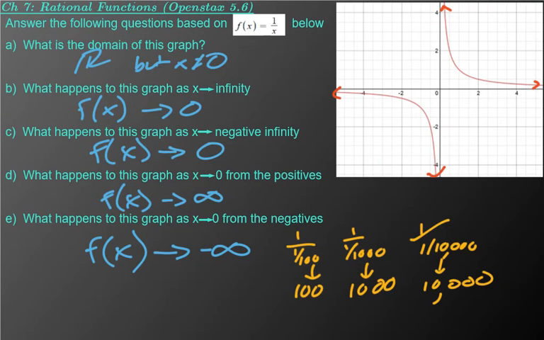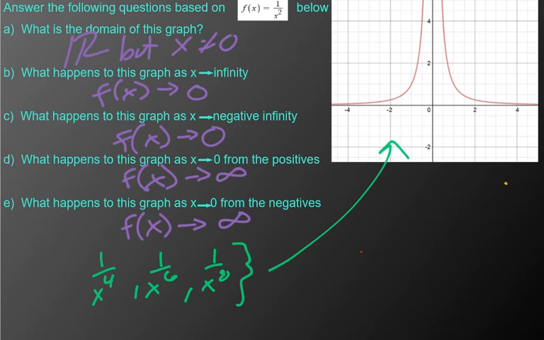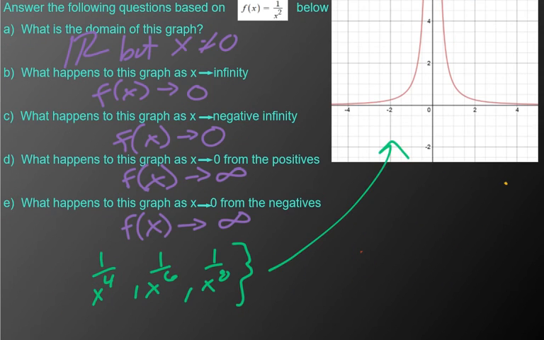Whereas your odds, your 1 over x, your 1 over x cubed, your 1 over x to the 5th, all of those look like that thing. So when we graph and make a sketch, it needs to be a rough sketch based on these two parent functions. If it's odd, you base it off of that one. If it's even, you base it off of that one.